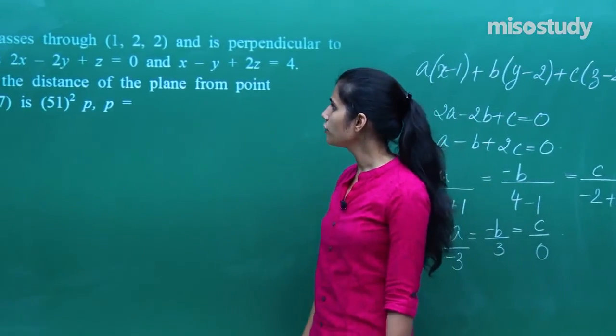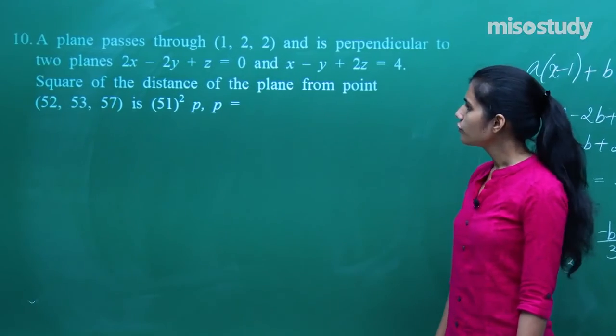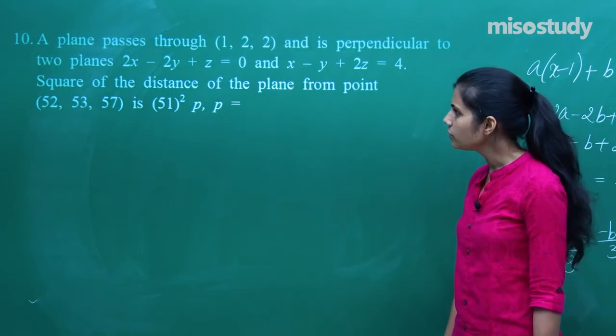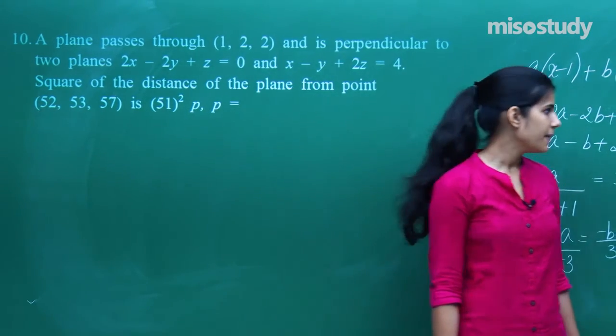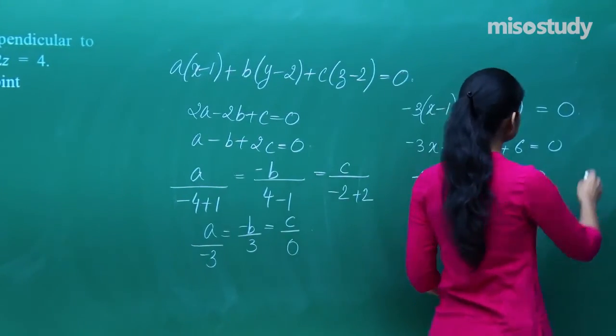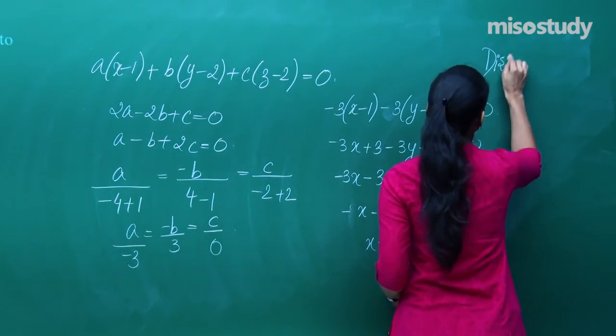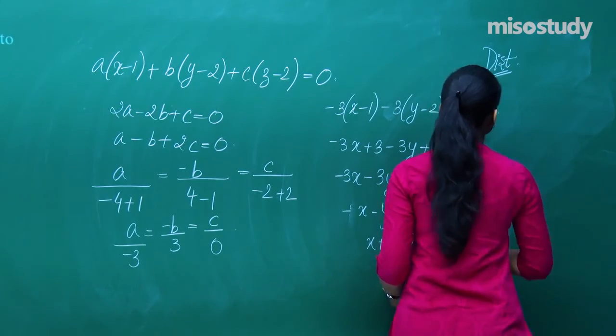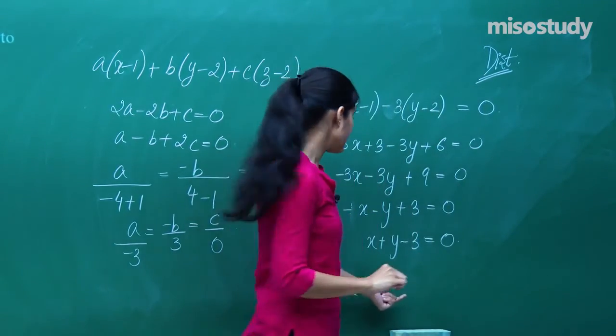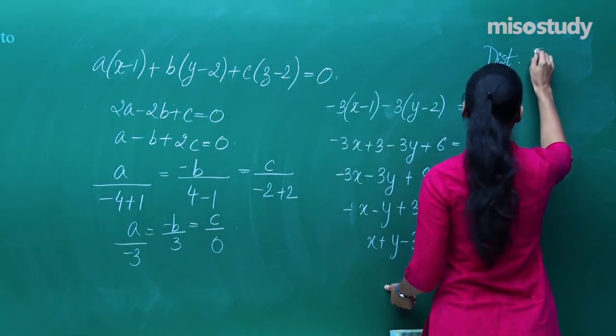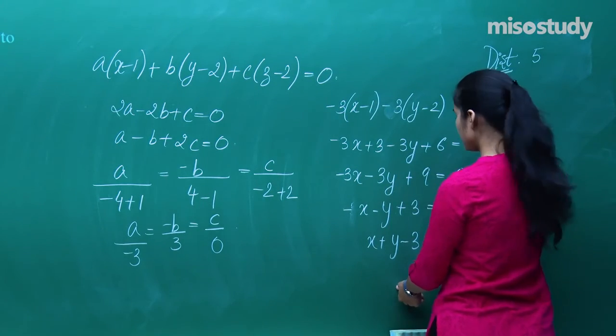It is given that the square of distance of the plane from this particular point is 51 square into P. Then what is P? So what is the distance? Distance is given to you as basically what it is going to be. It's 52, 53, 57.